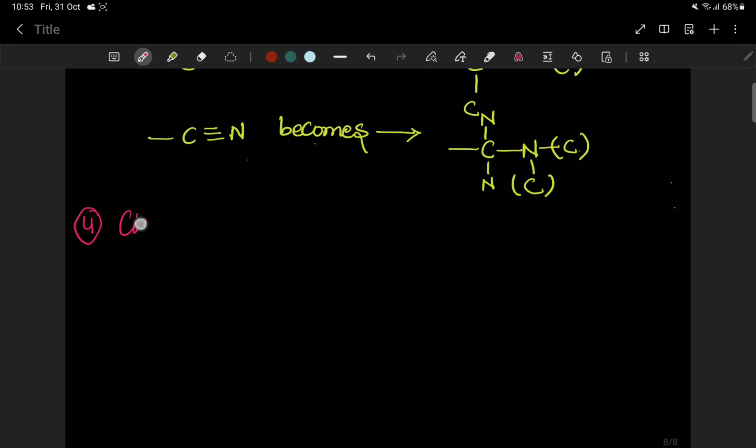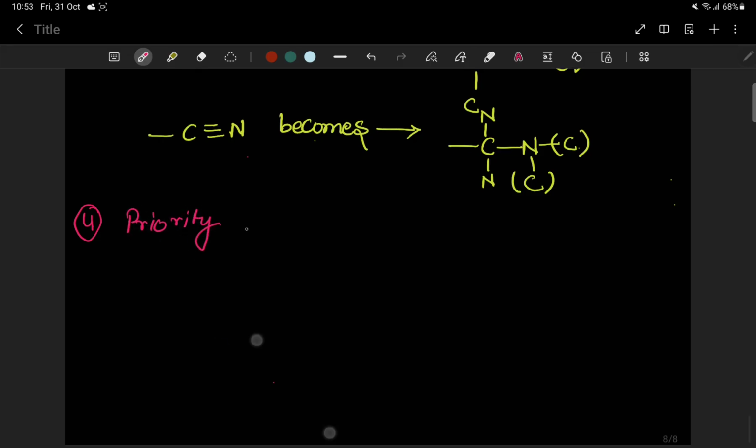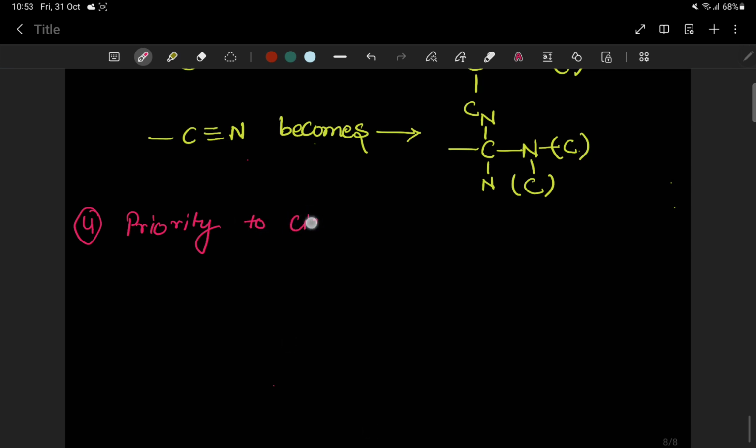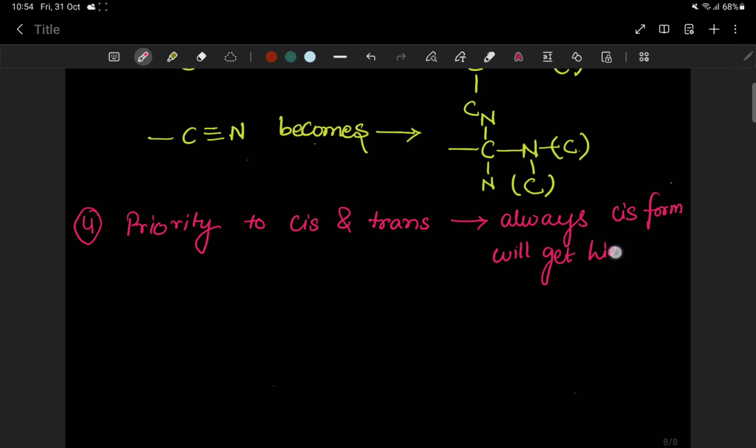If I have to choose between cis and trans, always remember, the cis form will get higher priority.